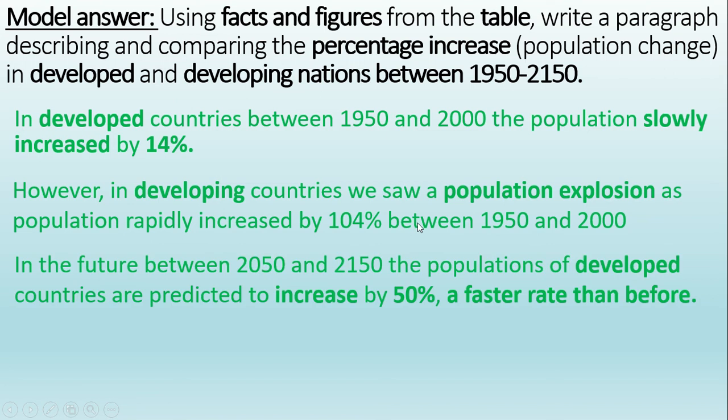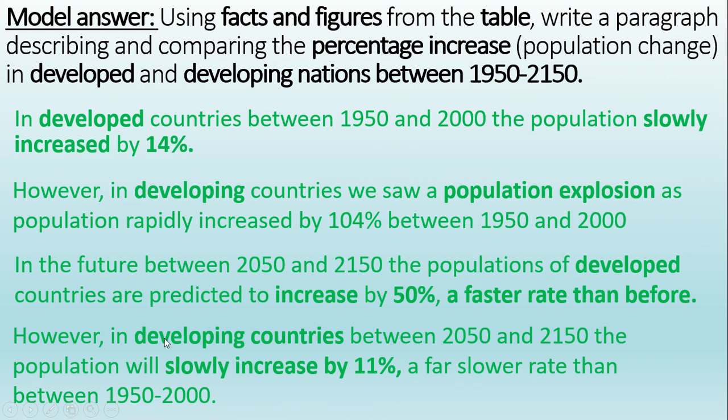Then you should have said, we're going to move on now to population increase between 2050 and 2150. You should have said, in the future, between 2050 and 2150, the populations of developed countries are predicted to increase by 50%, a faster rate than before. Which is true, 50% is a faster rate of increase in developed countries compared with 14%.